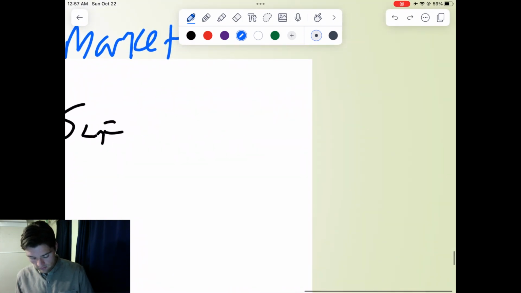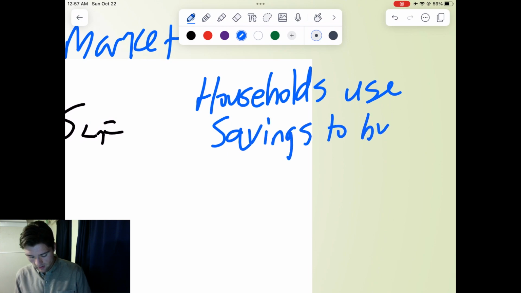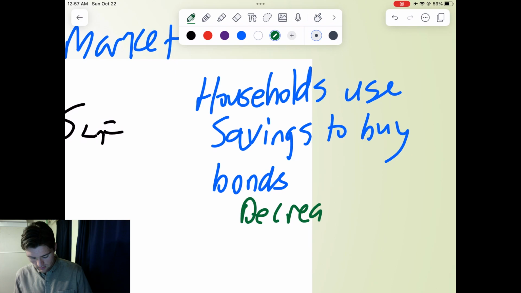The households use savings to buy bonds. So this will decrease the supply of loanable funds.